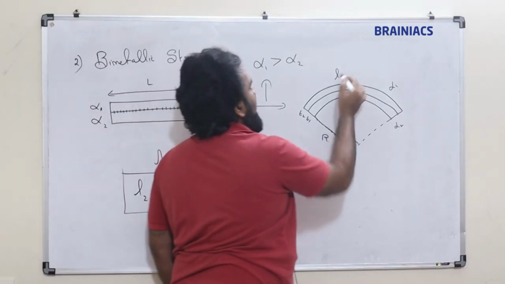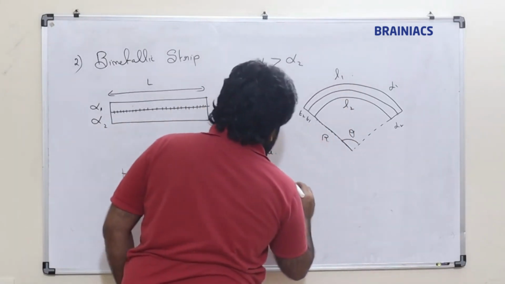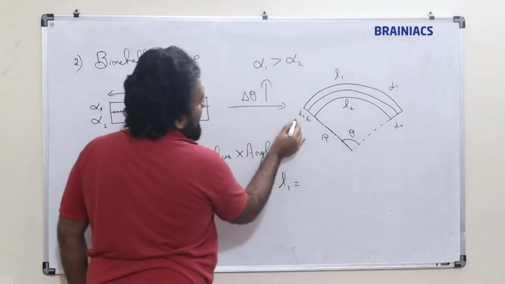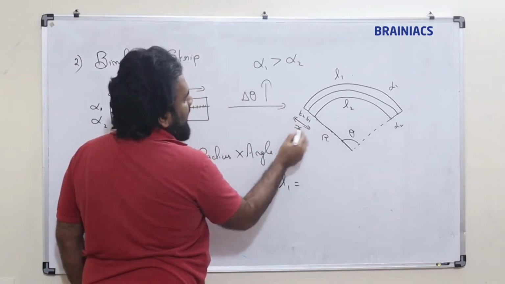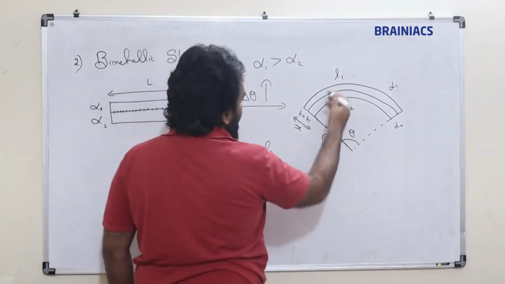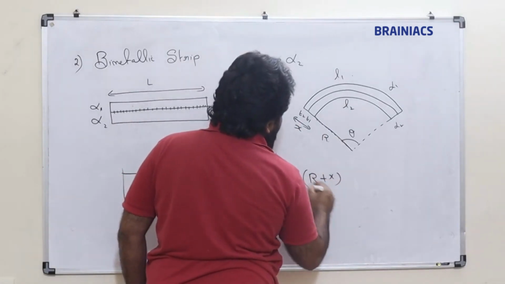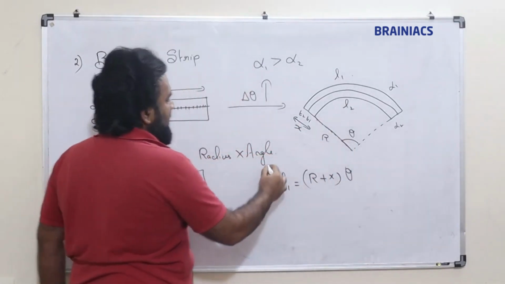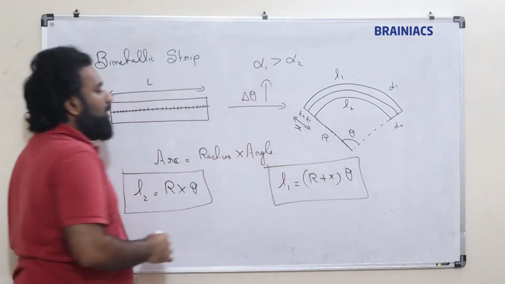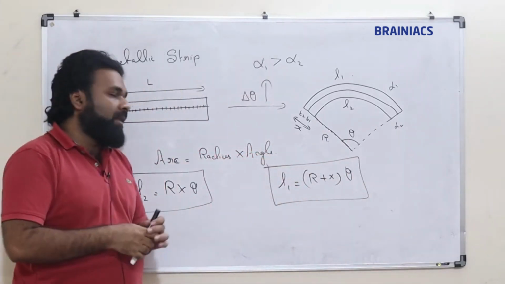Same way if they ask L1, if this total length is say for example x or t1 plus t2, then L1 will be r plus x into theta, or r plus t1 plus t2 into theta.